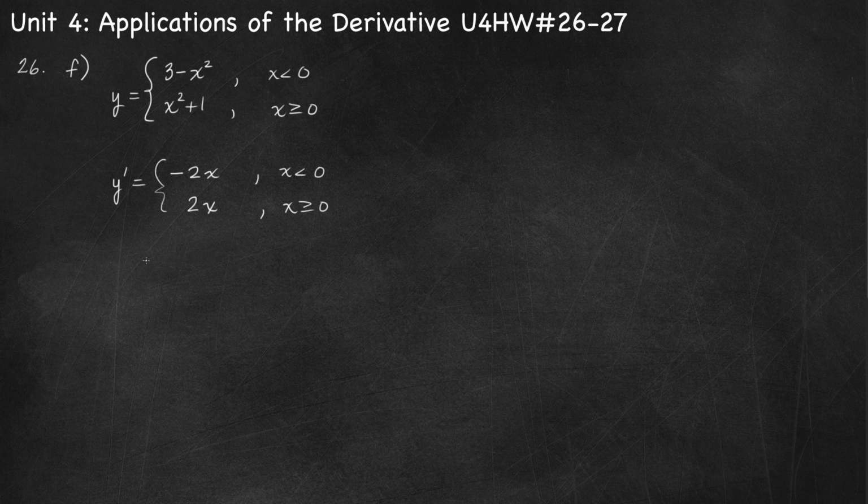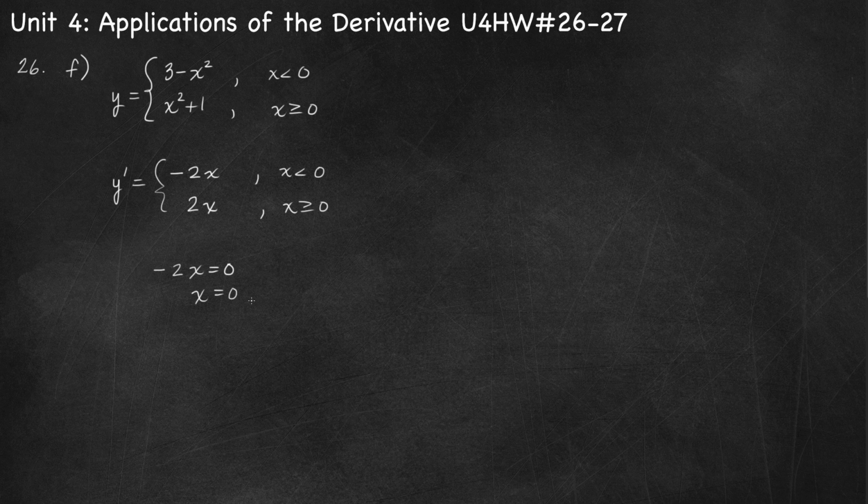To find our critical value, we need to know where the derivative is equal to 0. So I want to set my derivative equal to 0 and solve. So we have two different pieces. The top piece, I can say negative 2x equals 0, and I solve that, and I get x equals 0.